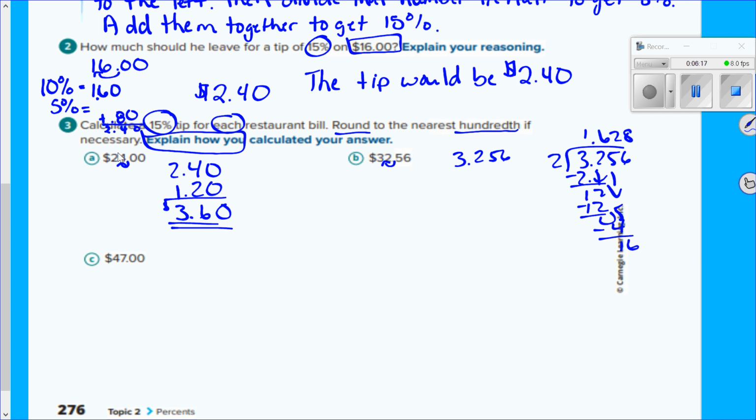My decimal goes over, no, that's just half of this. 1.628, put these two together. 4.884. Here's where rounding to the nearest hundredth comes in. So that one would be 4.88.